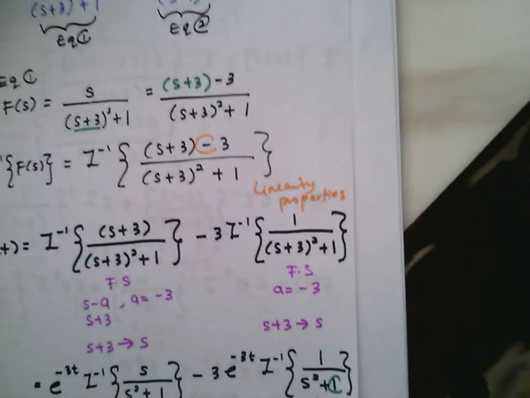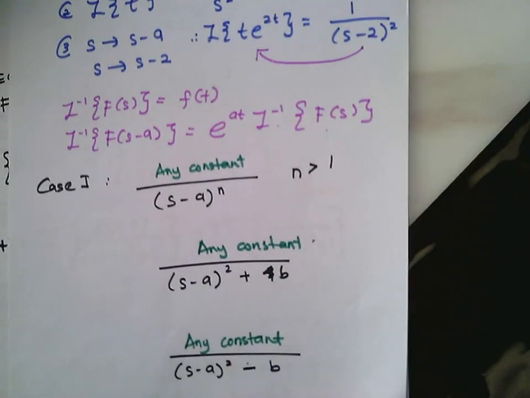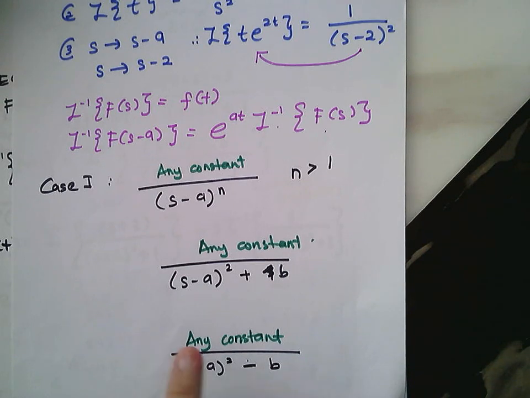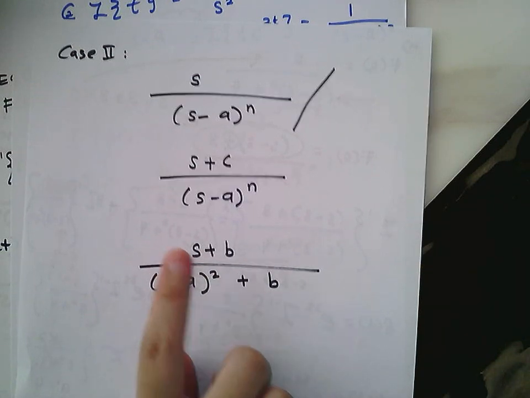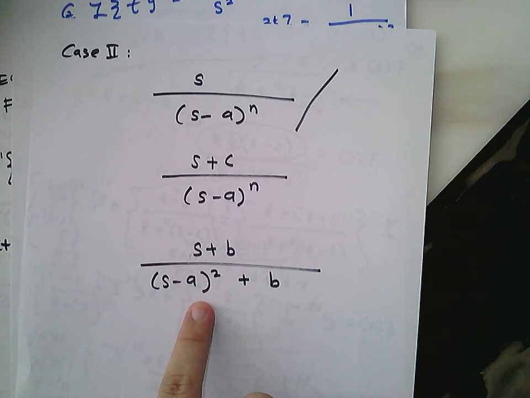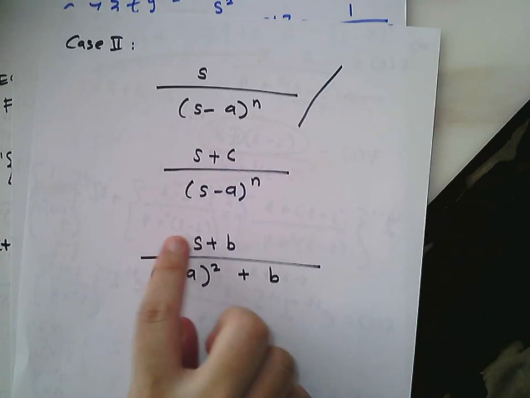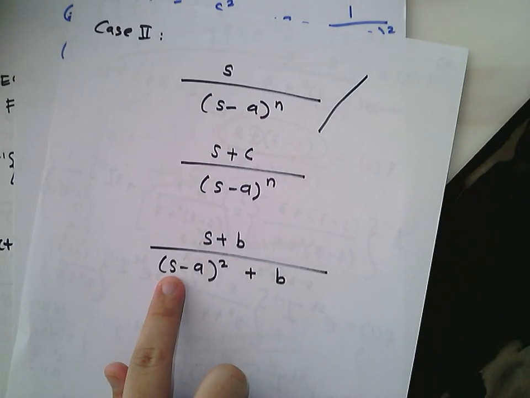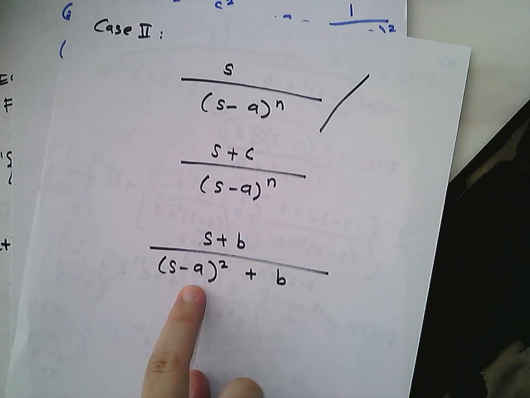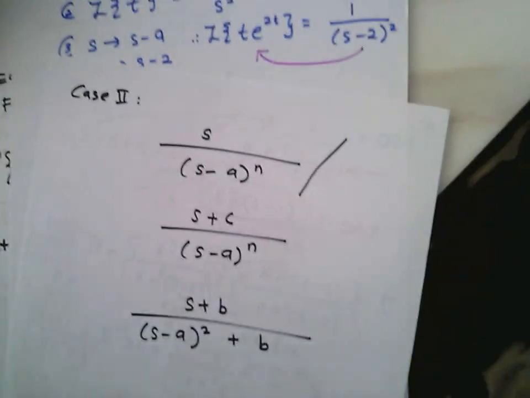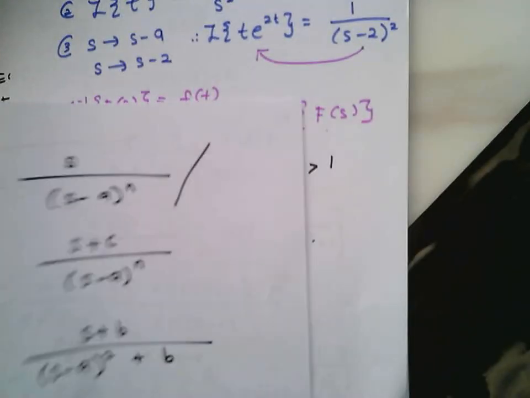Remember case 1, you just have s minus a term for the denominator part. Whereas for case 2 you also have the s variable, or s plus something or s minus something, for the numerator, and you have s minus a for the denominator part. So you need to reduce this one so that it will become the same as the denominator part. When this one becomes the same as the denominator part, actually what you are doing is reducing from case 2 to case 1.